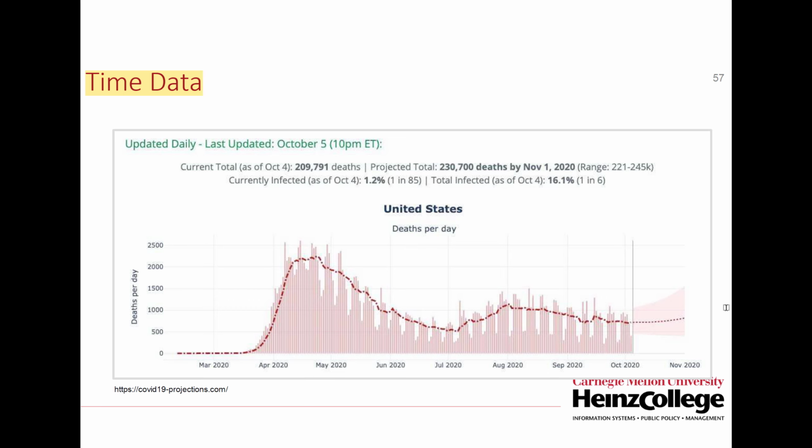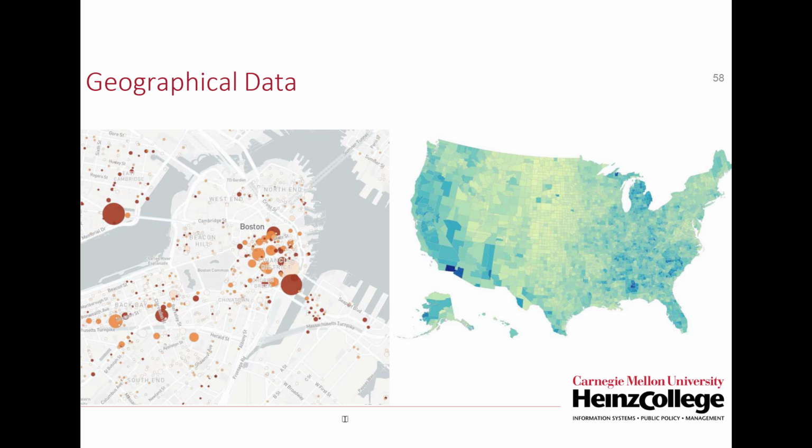And of course the deaths from COVID continued on after that, but this is just showing that particular time period. And here we can worry about things like serial correlations and trends and things of that sort.